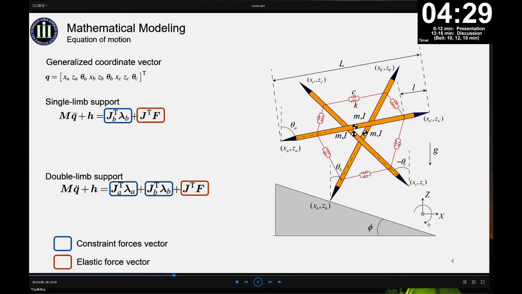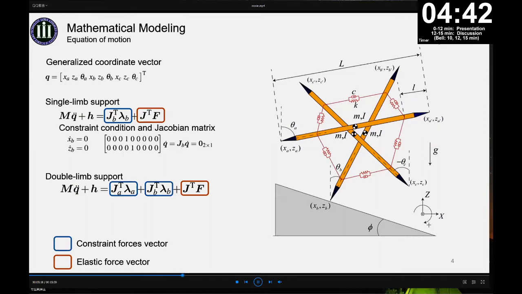And when supported by 2 limbs, we assume that limb A and B connect to the ground at the same time. So the constraint Jacobian matrices are this. By associating the equations of motion and the constraint conditions, we can obtain the constraint force, which is the support force on the ground.